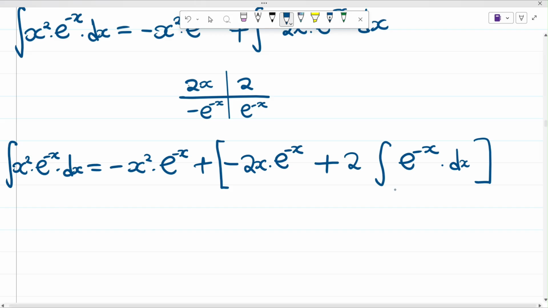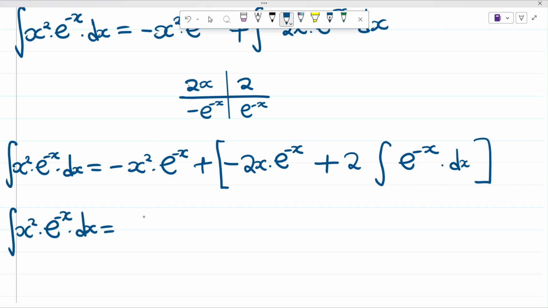Then from here, I'm going to copy the very same thing again. So this is going to be x squared e to the power of negative x dx, which is equivalent to what? To the very same thing here. I'm copying x squared e to the power of negative x. So before I multiply out, let me first integrate the thing that's inside there.